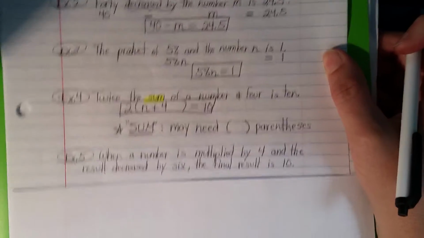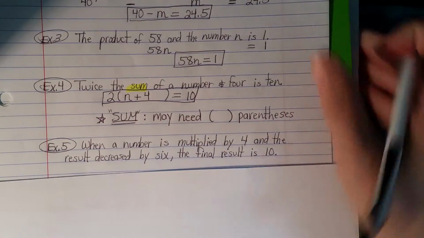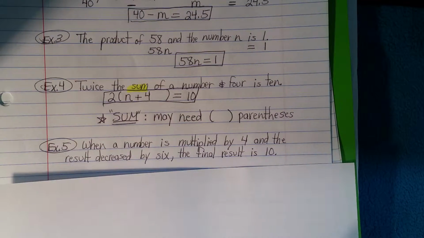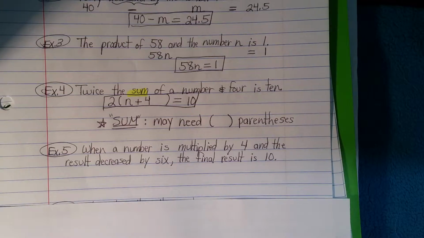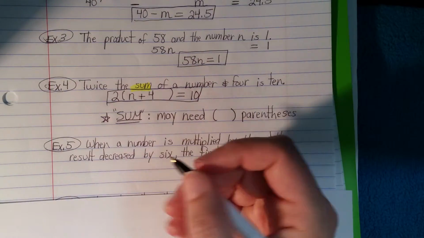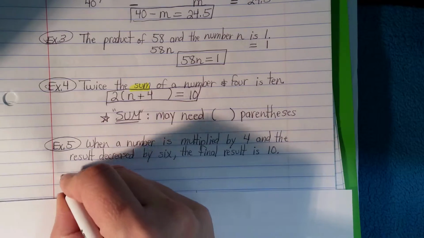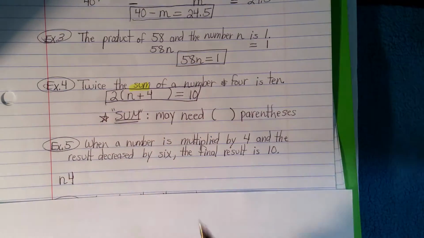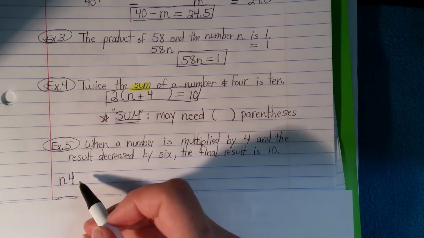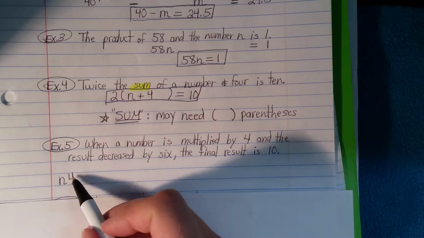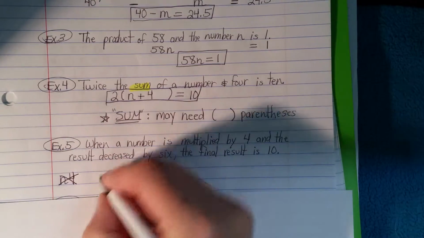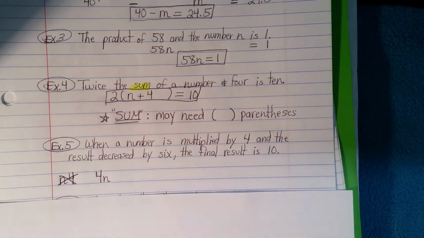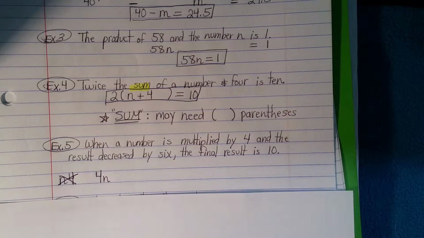Example 5 says when a number is multiplied by 4 and the result decreased by 6, the final result is 10. So when a number is multiplied by 4, let me start there. Don't write n4. It's kind of a grammatical thing, but in algebra, the number, the coefficient, always comes before the variable. So this is a number multiplied by 4.